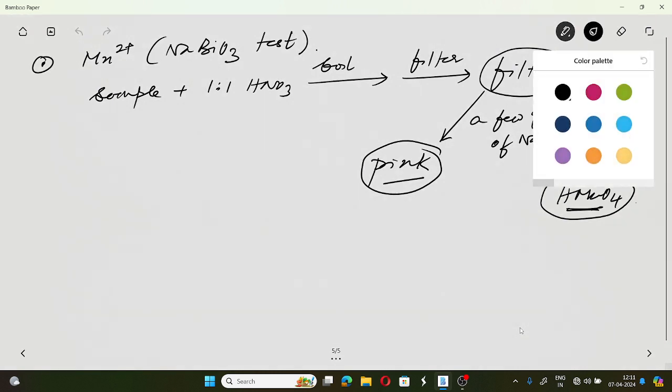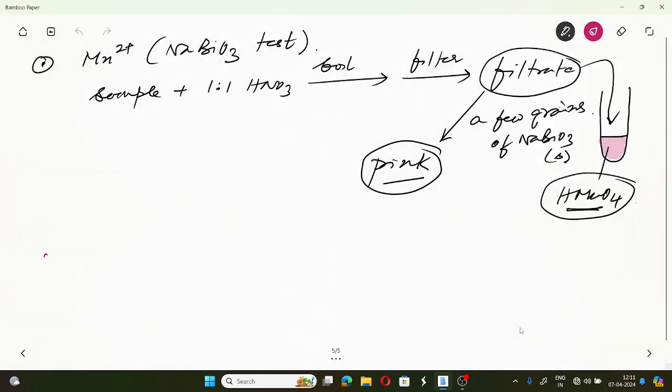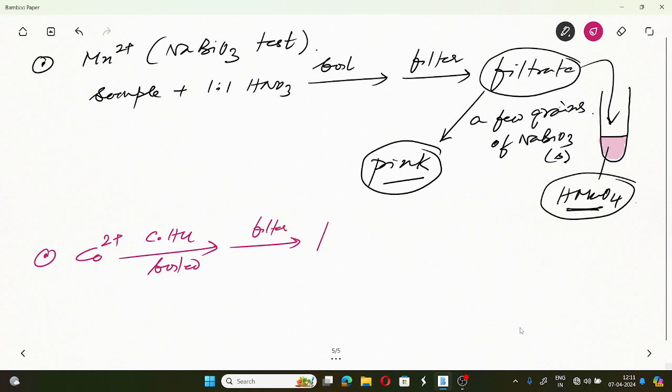See, for cobalt 2 plus, add concentrated HCl and boil to dissolve. If required, filter, and the filtrate will be CoCl4 2 minus, so tetrachlorido cobaltate 2.